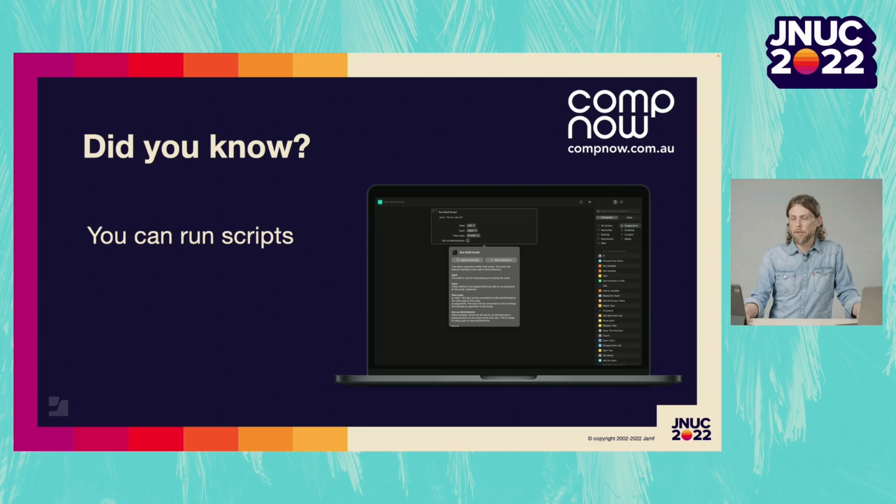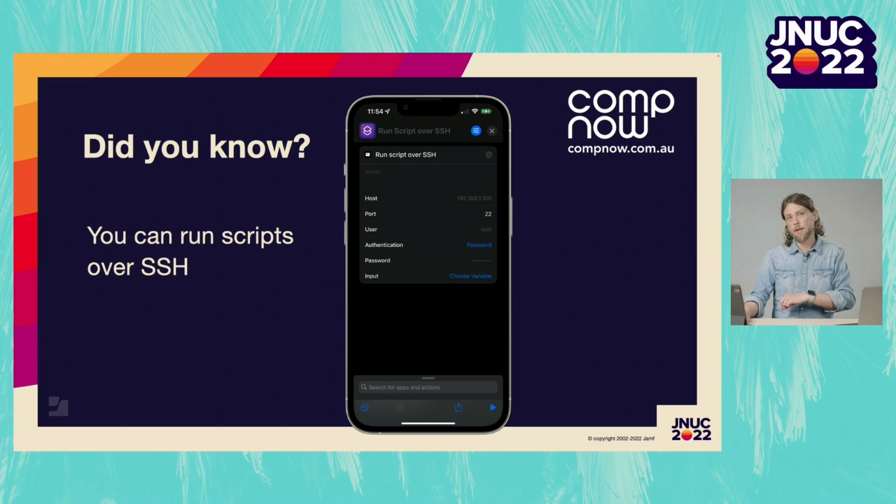So to quickly go through those, you can run scripts from shortcuts, seen here on a Mac. You can drop in any of your current scripts into this action and have variables pipe in or out of it as well. So straight out of the gate, you might be able to do a little bit more with your scripts if you're holding them in shortcuts.